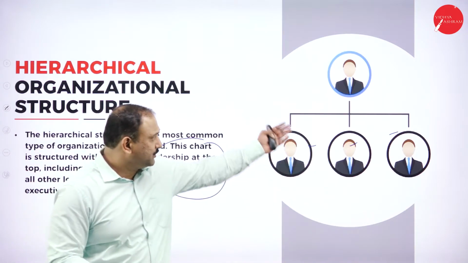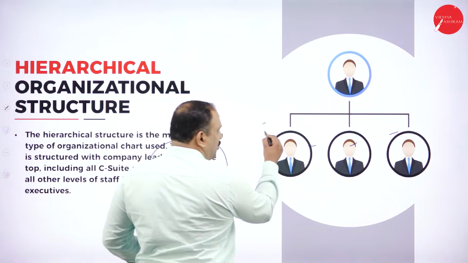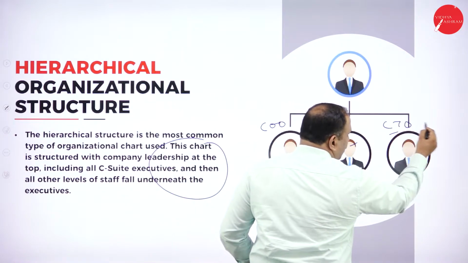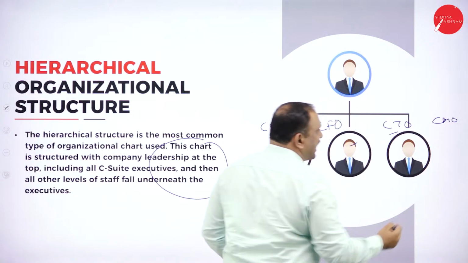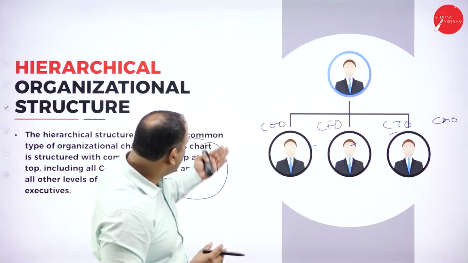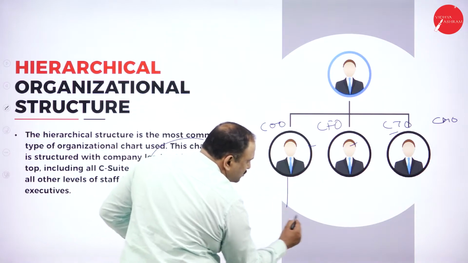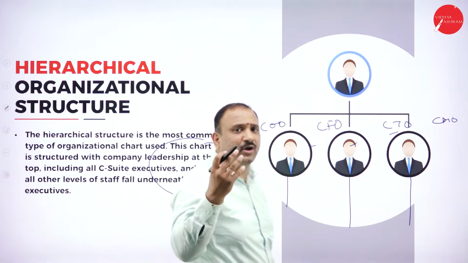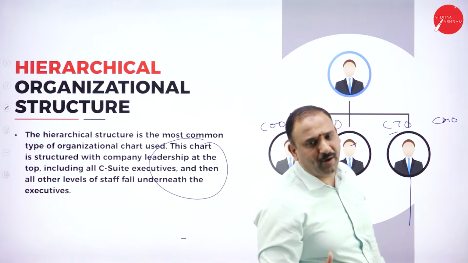Which means starting with the CEO, then we will have the COO, then the CFO, then we might have the CTO, followed by the CMO. Like this, we have all the C-level executives under this role, followed by their staff members who will be located under them. So this is a typical hierarchical organization structure, not much complication.